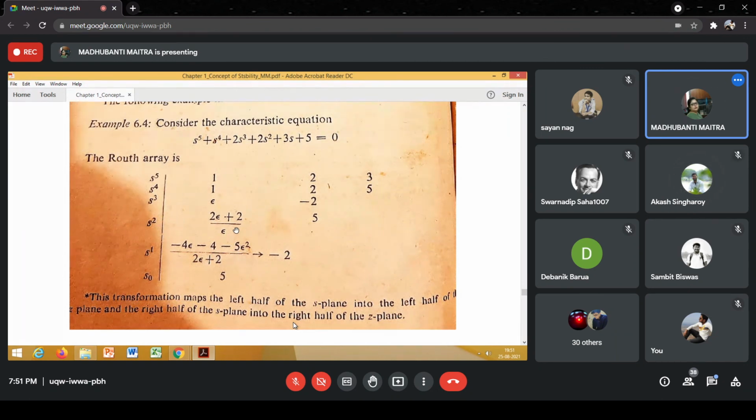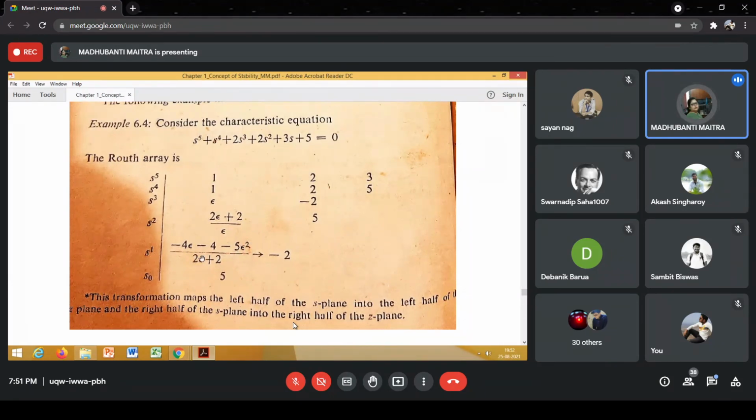Yes, ma'am. Now let's come to the next term appearing in the first column of the Routh array. Applying the same logic, this 4 epsilon is negligible, as epsilon is very, very small. Similarly, this term 5 epsilon square will also be negligible. So this term will tend to 0.